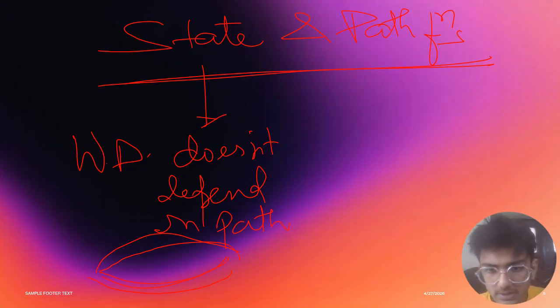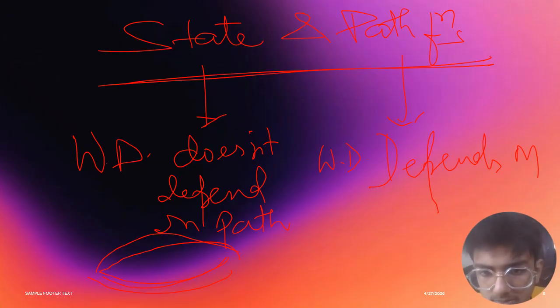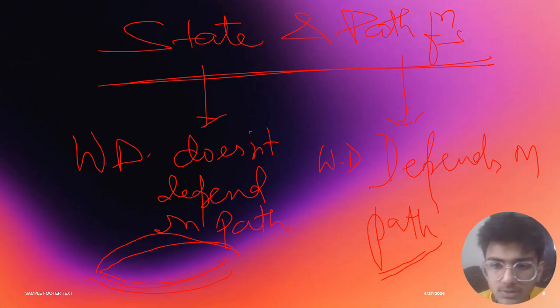Actually, we can relate it with some terms which I'll discuss with you. While path functions depend on path, the work done of these functions depends on path. In physics, we use the terms distance and displacement.